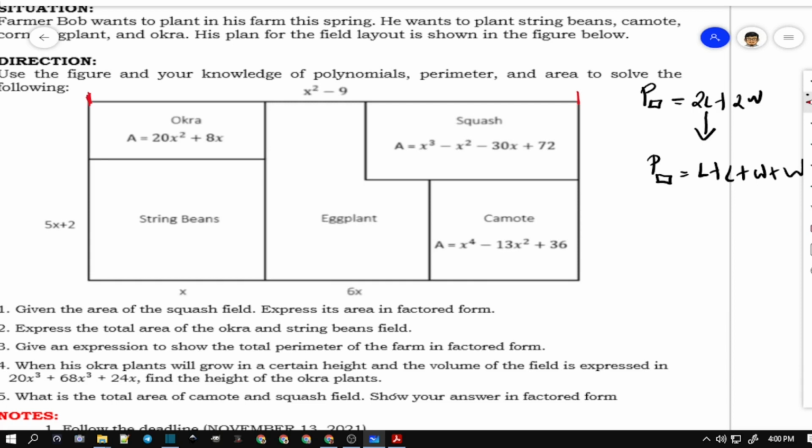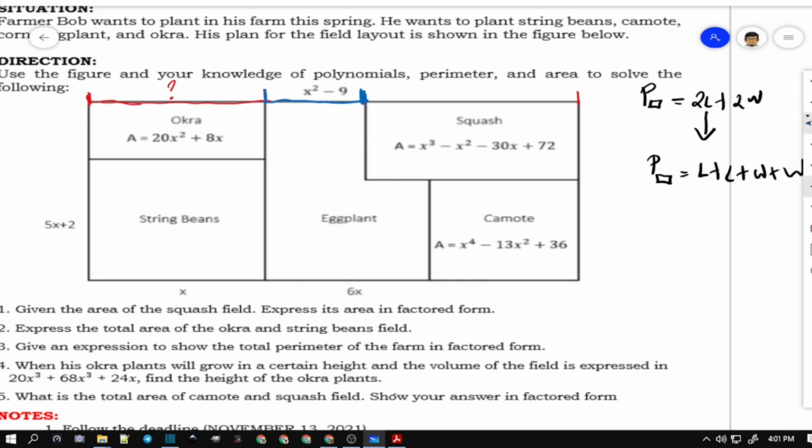From the okra going to the edge of the eggplant, the length is missing. Then from the eggplant going to the edge of the squash, this is x squared minus 9.